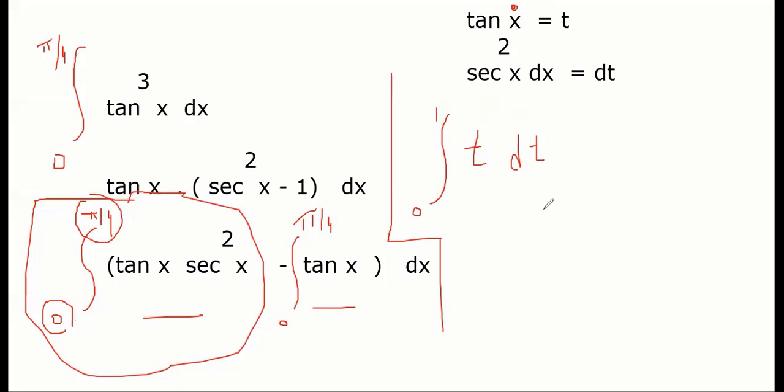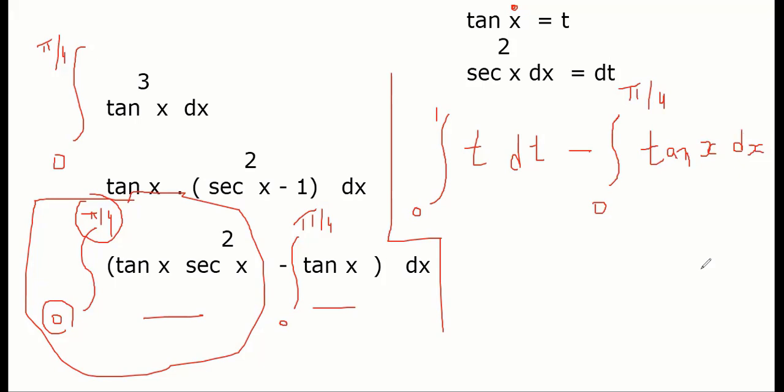So your question becomes integration between 0 to 1 of t dt minus, no, I am not going to change this because I can directly integrate tan x. We know what is tan x integration, right? Everybody knows. So first one is t dt, second one is tan x dx, but it's okay, it doesn't matter, because whenever we are doing the definite integral, which variable we are integrating with respect to really doesn't matter because we are going to evaluate.